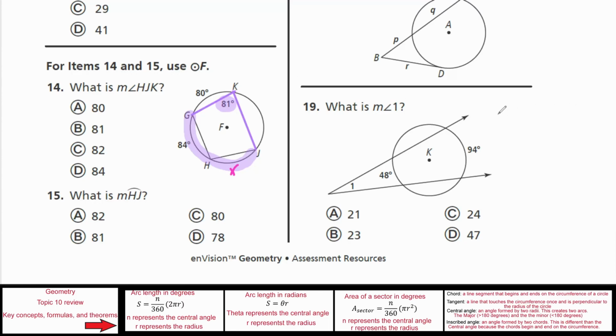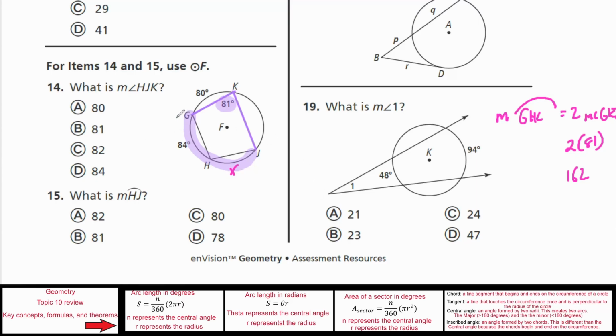So the measure of arc GHJ is equal to 2 times the angle GKJ. So I have 2 times 81, which is again 162. So I guess there was a little bit of relevance there.